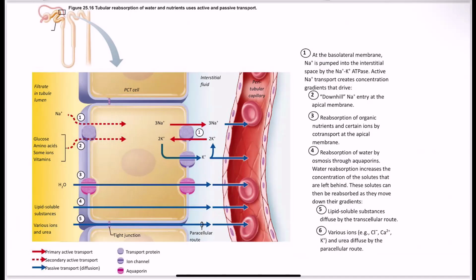We have things going on like secondary active transport, which occurs for things like glucose, amino acids, ions, and vitamins.